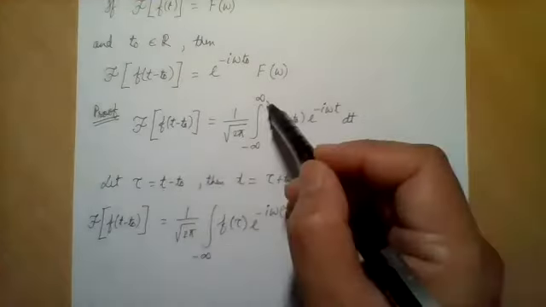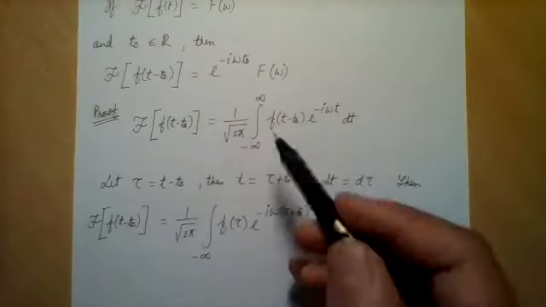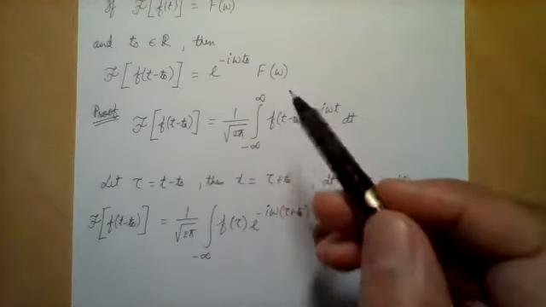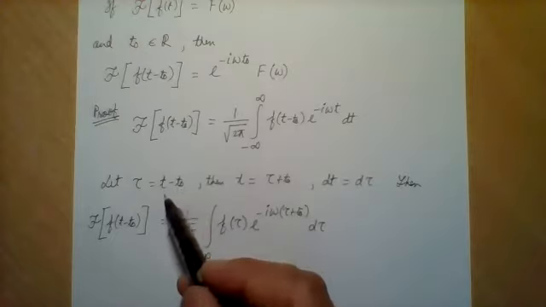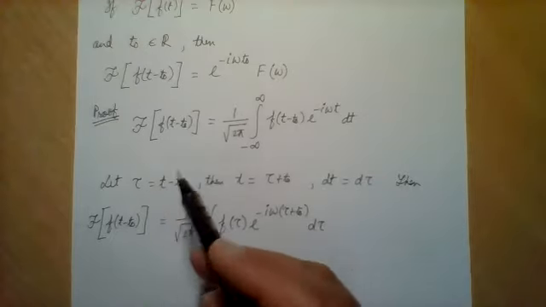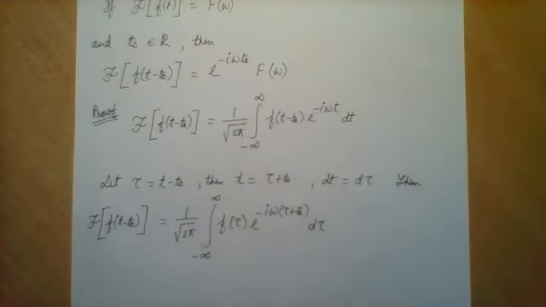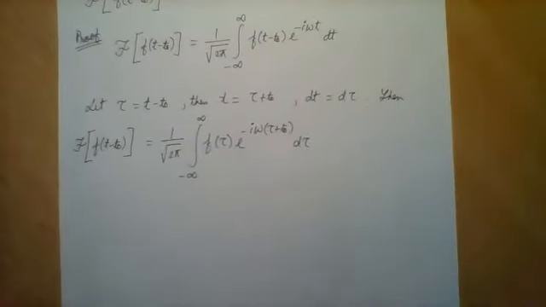Now let us look at the upper limit. When t becomes infinity, t0 is a finite number. So if you subtract from infinity any finite number, the answer is still infinity. Okay, this is clear. So far, so good.